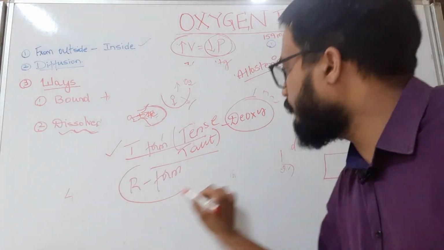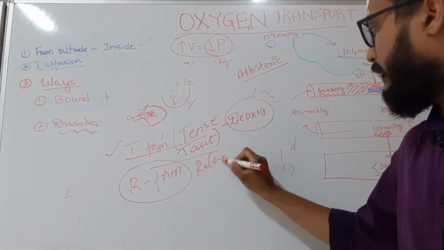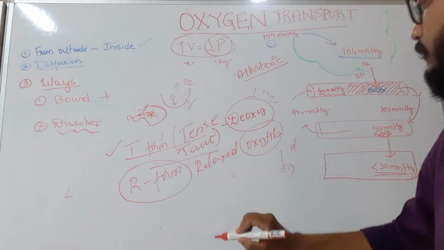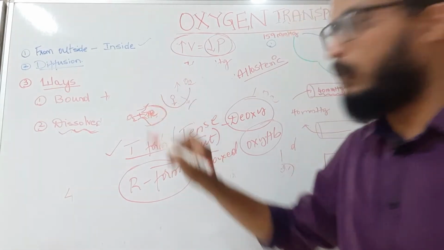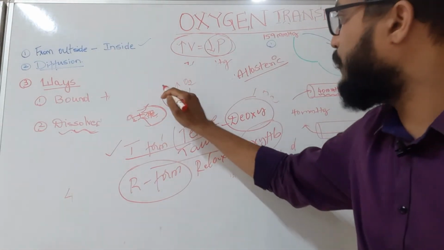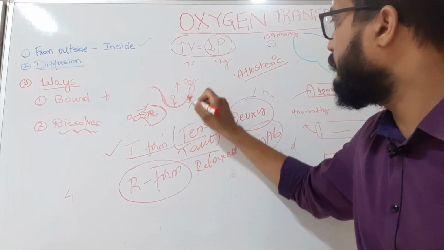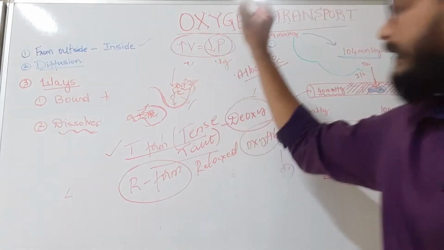We have the R form or relaxed form. The R form is a form of oxyhemoglobin. Once oxygen attaches to the iron that is present, the space here is enlarged, so that oxygen can easily bind with the iron.